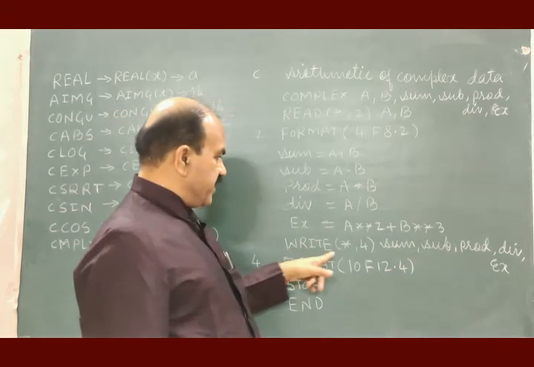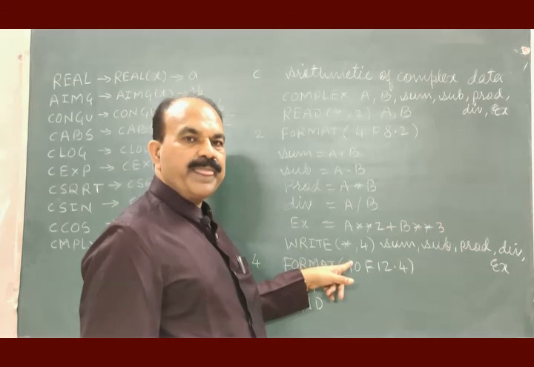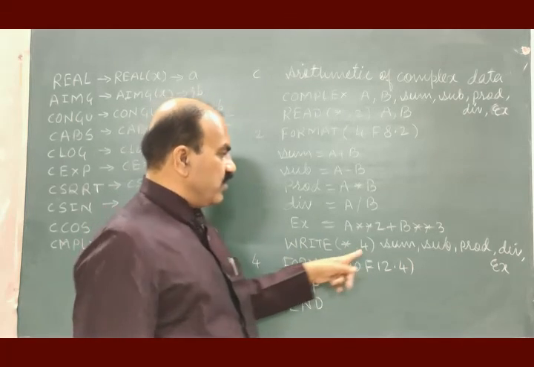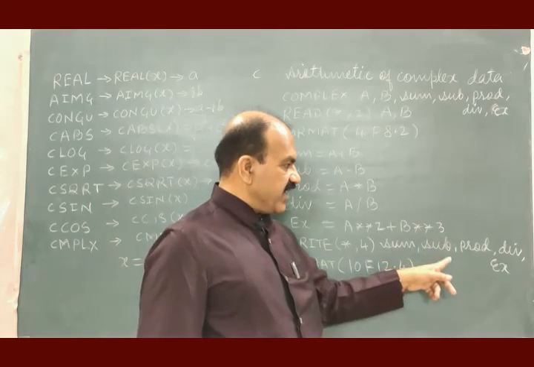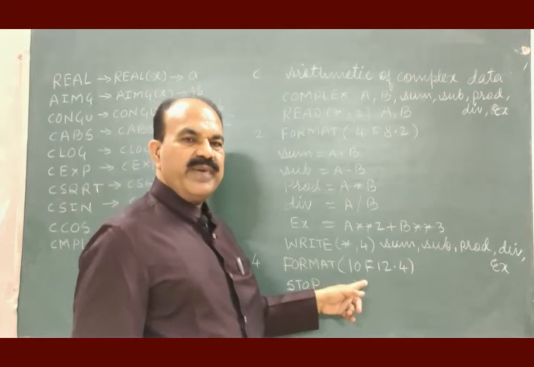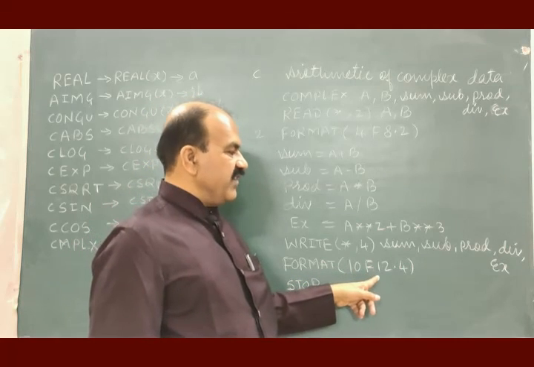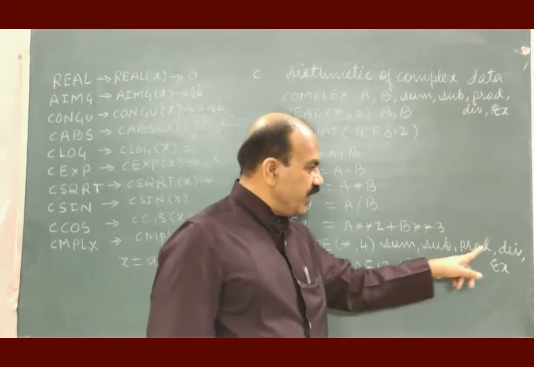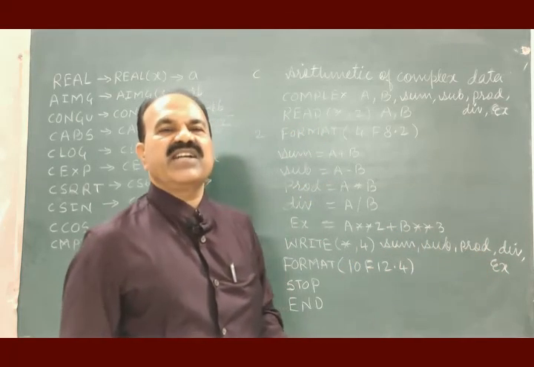Write in the default output device with format 4 what? Sum, subtraction, product, division, exponentiation. And what is the format? 10 times f12.4. Why 10? 1, 2, 3, 4, 5: 5 variables are there.